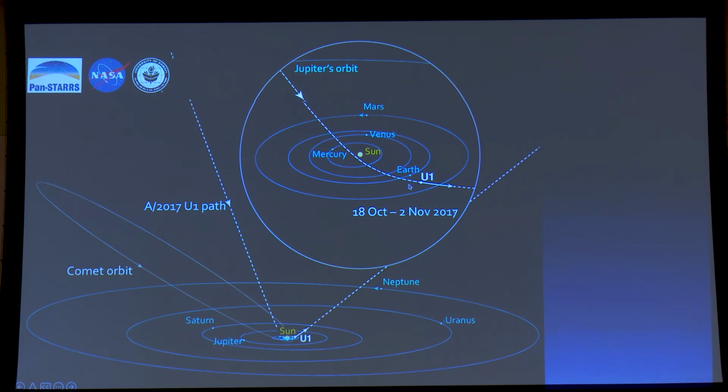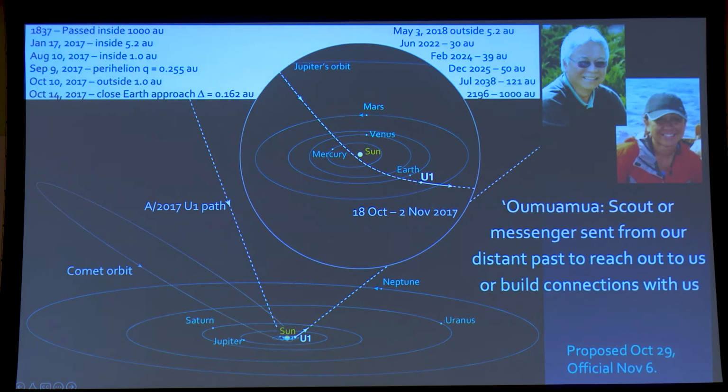And in fact, this was clearly an NEO. It passed within 63 Earth-Moon radii, and we wouldn't have known it if it had been on a collision course because we can't look towards the sun for the discovery circumstances. In case you're wondering, it's just recently passed the orbit of Neptune, and it's going to be in our solar system for quite a while.